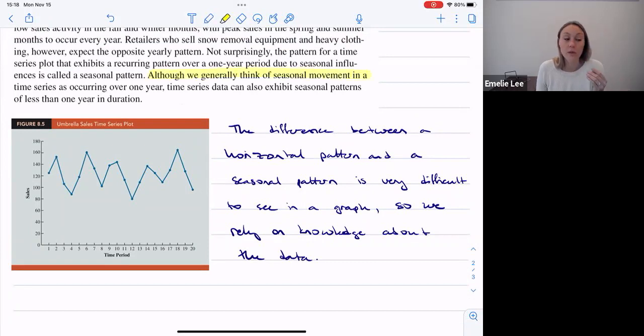Usually we think about seasonal movement as going through the months, so that would be our go-to, but it can actually occur over less than a year, or even in a week. If we look at traffic, for example, there's a seasonal pattern throughout the week.